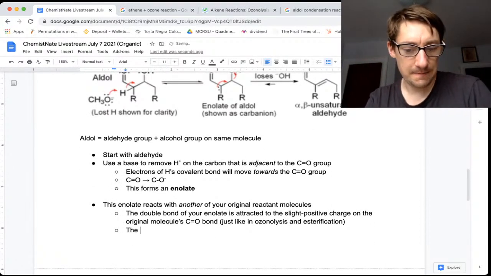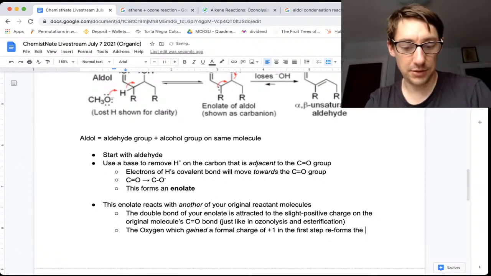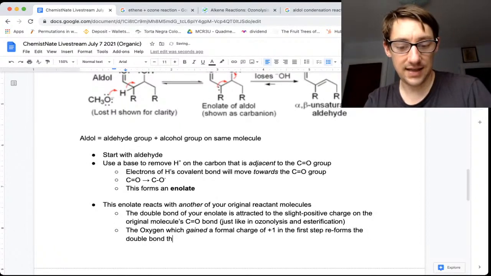The oxygen, which gained a formal charge of +1 in the first step, reforms the double bond that it came from.